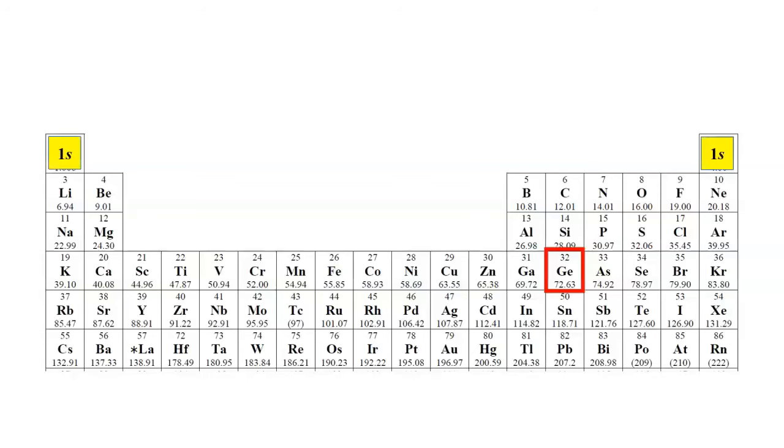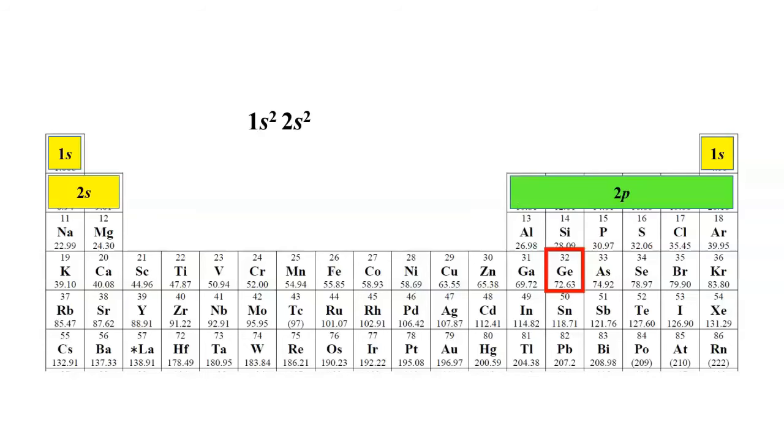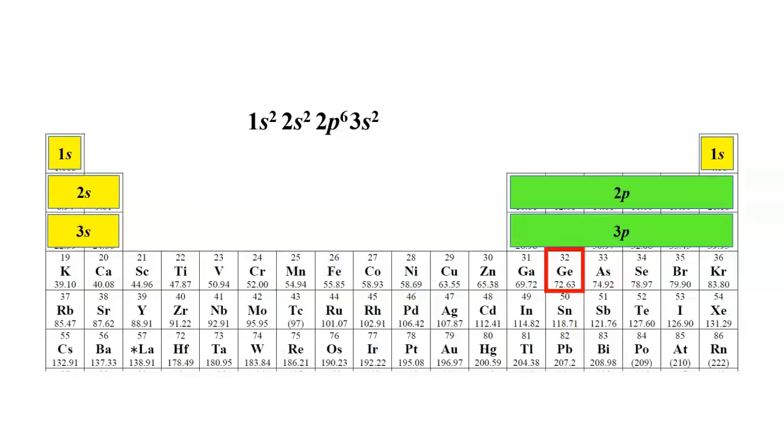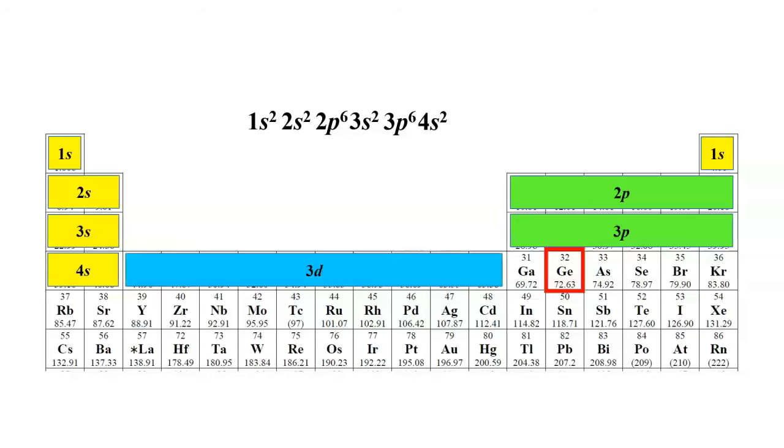Let's go ahead and verify that the electron configuration of germanium, which has 32 electrons, matches what is listed in question 7. So 1s2, 2s2, 2p6, 3s2, 3p6. So now in the 4th period, it's going to be 4s2, followed by 3d. We're going all the way to the end of that section, so it's going to be 3d10.